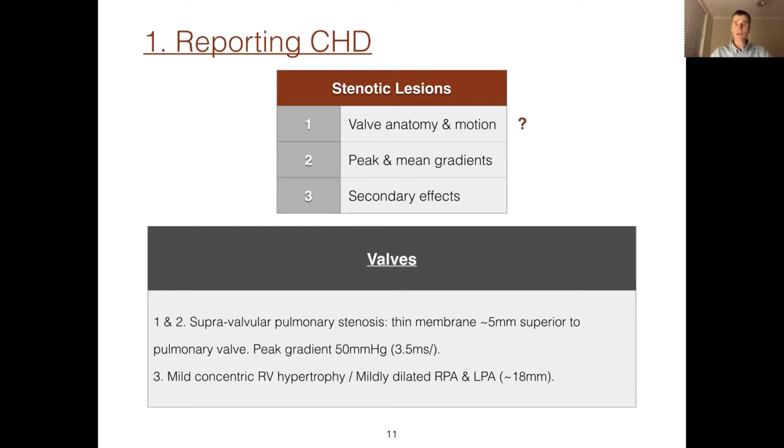And some of the secondary effects, a little bit like aortic stenosis, which can have a secondary effect on the aorta itself, there can be some dilatation of the branch pulmonary arteries in this particular case. So if you can image them clearly enough, you want to measure that and report on that as well.